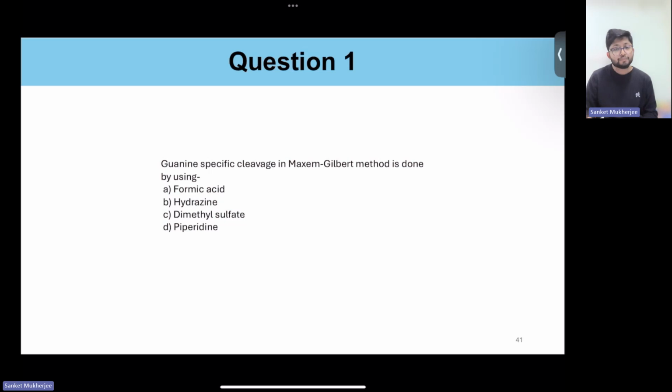Now questions. Guanine specific cleavage in Maxam-Gilbert sequencing is done using formic acid, hydrazine, dimethyl sulfate, or piperidine. So the answer to this would be dimethyl sulfate.